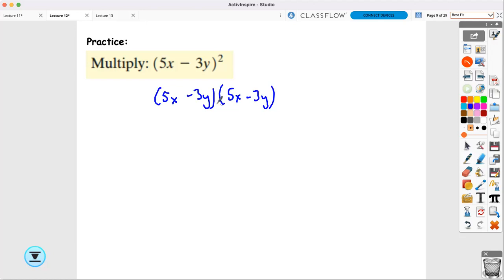Interesting. 25x squared minus 30xy plus 9y squared.